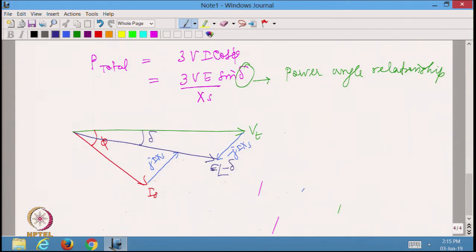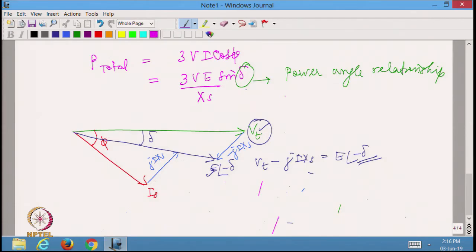Please note, E is lagging behind Vt in a motor. So, I am essentially having the relationship Vt minus jIXs equal to E angle minus delta, and this particular delta, which is the phase angle between Vt and E, plays a very vital role in deciding how much power is being delivered by the machine.